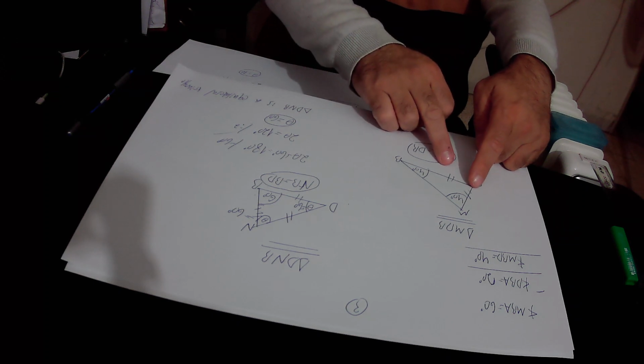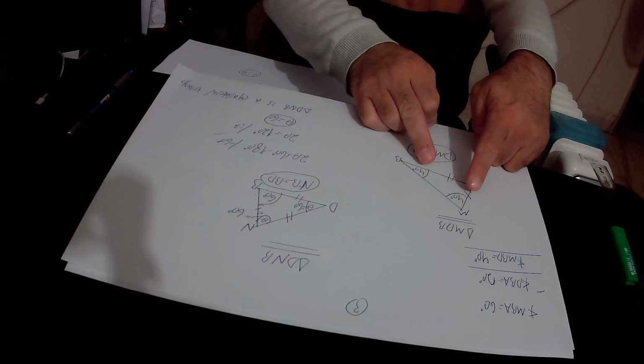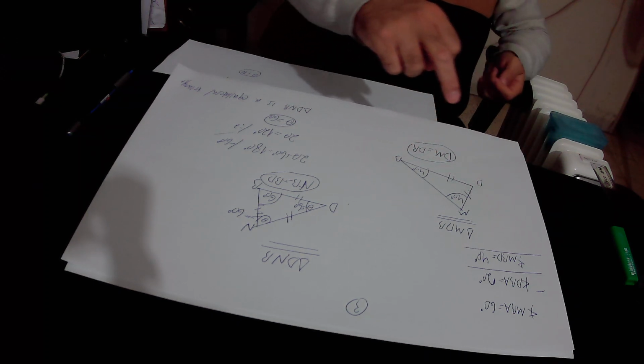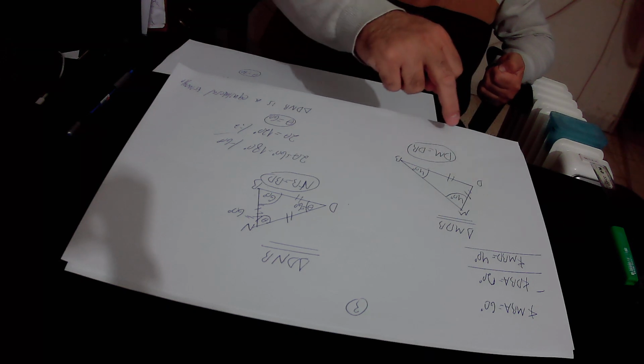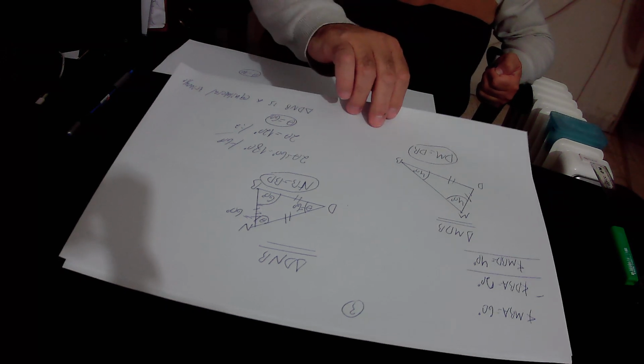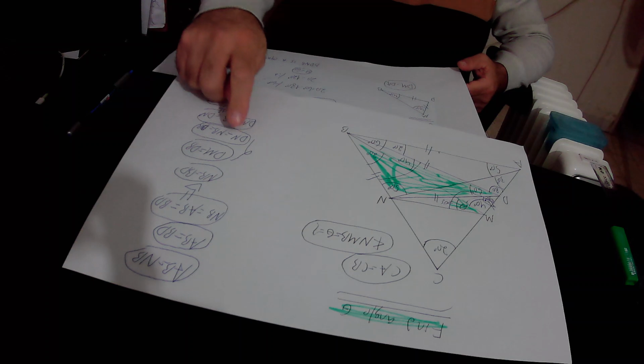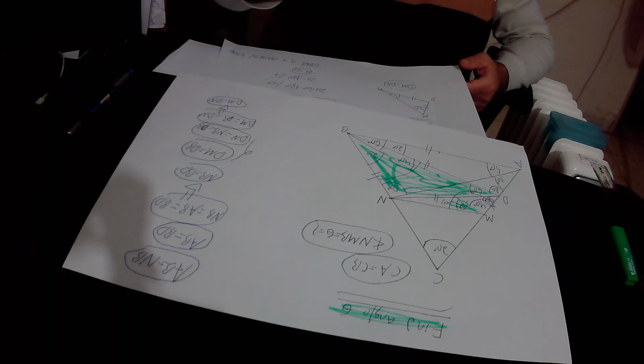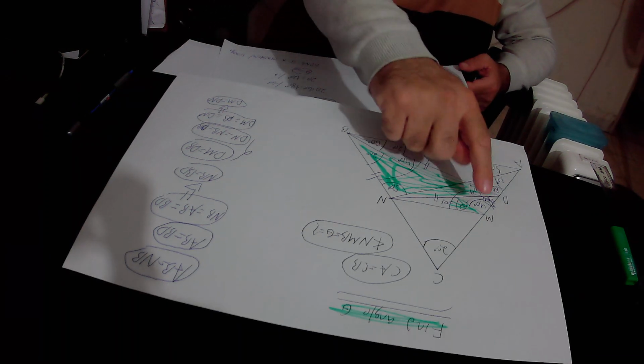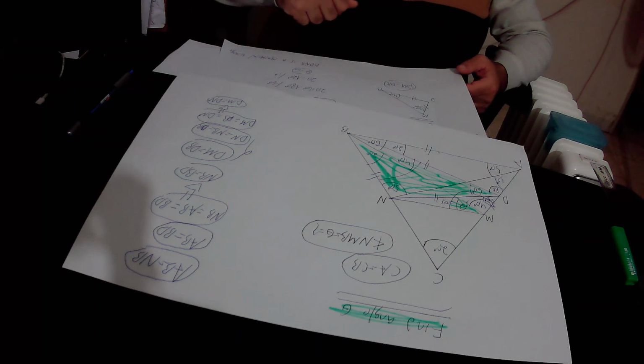So those two sides that are located in front of those two equal angles must be equal to each other. That is to say, side DM equals side DB. So here you write down that side DM equals side DB.